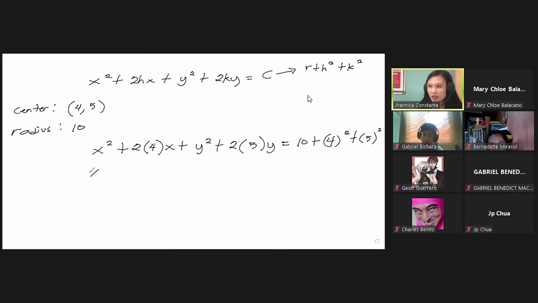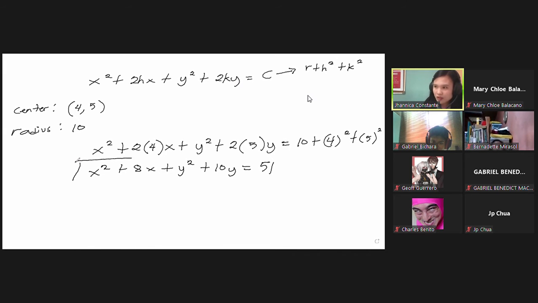So we have x squared plus 8x plus y squared plus 10y equals, so 10 plus 14 plus 25 is equal to 51.